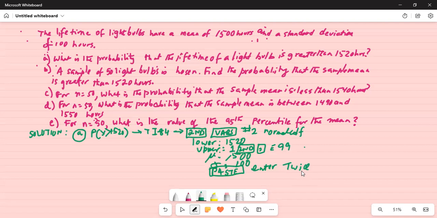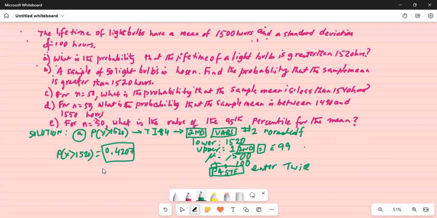I go down to Paste, hit enter and enter, and the answer is P of x greater than 1520 is equal to 0.4207. So this is your answer.